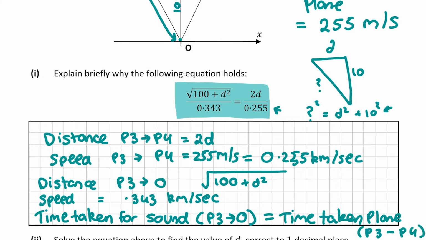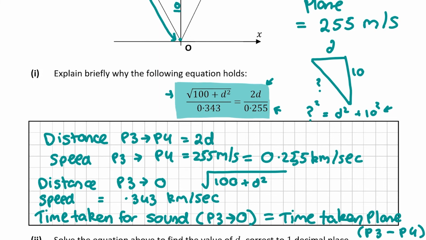Because if you were writing out the time here, time in this instance is distance divided by speed. So you can see here that this is the time taken for the plane to go from P3 to P4. So that's 2d divided by the speed, which is 0.255 kilometers per second. And this here is the time taken for the sound to travel from P3 to Oscar, because these are the same time. So we have to let them equal to each other.